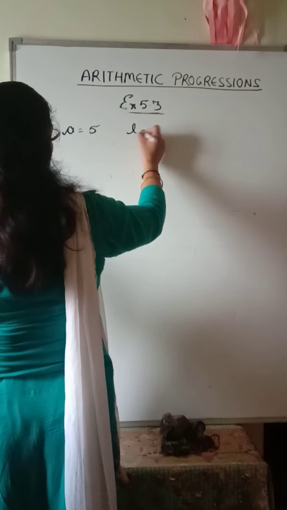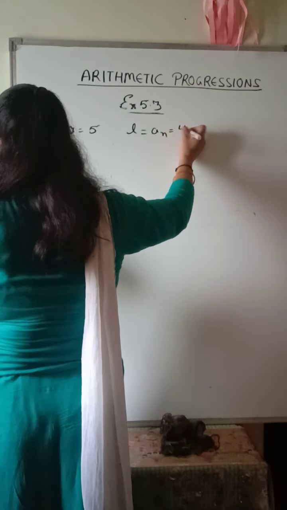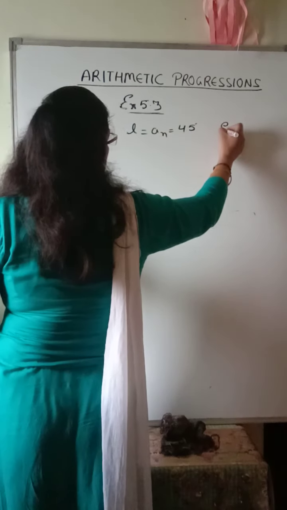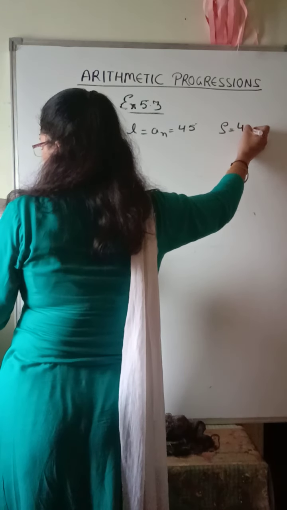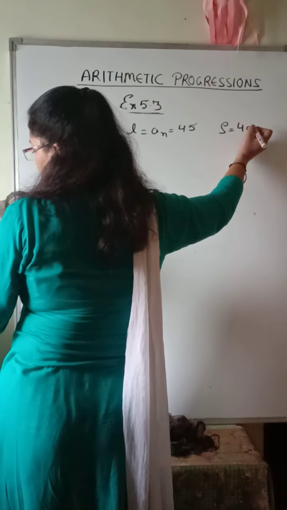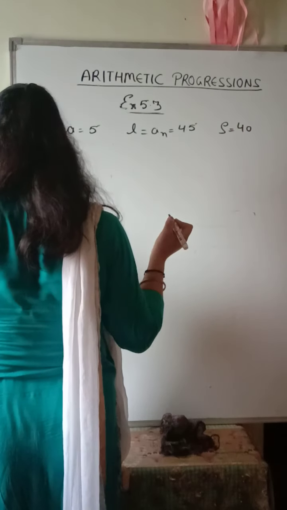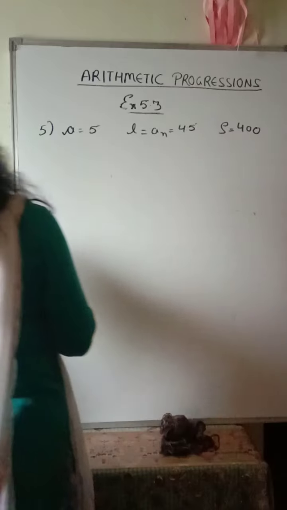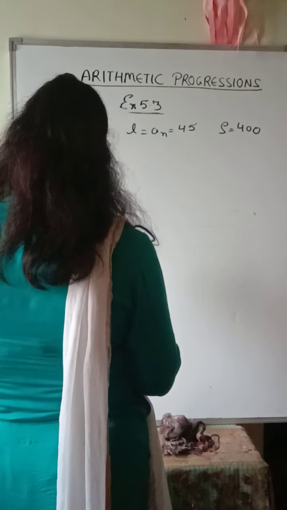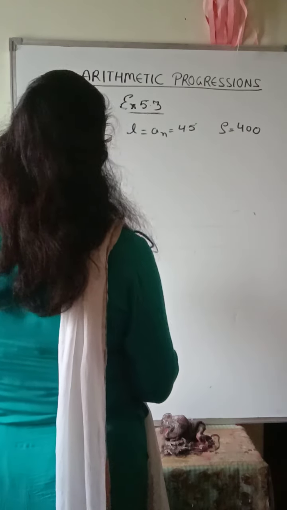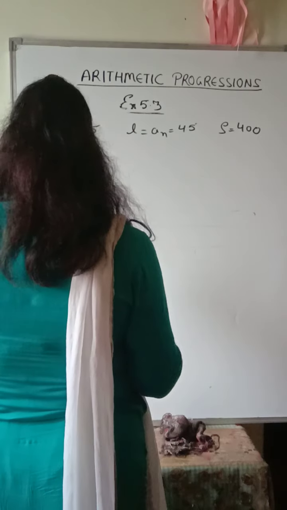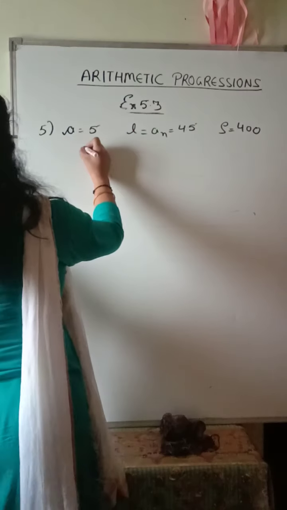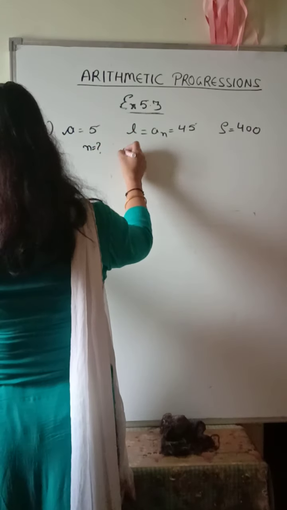We can write L also, or the nth term equals 45, and the sum is given as 400. So the first term of the AP is 5, the last term is 45 and the sum is 400. Find the number of terms and the common difference.